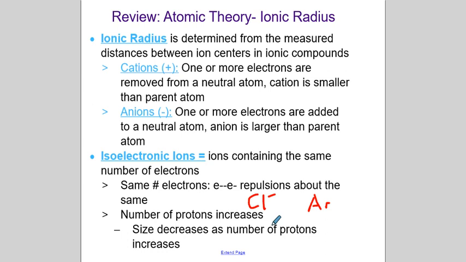Now it has 18. Argon has 18 electrons. And so now we have this. This is isoelectronic. So this guy has the same number of electrons as this one, but he has more protons, so he's the one that gets to meet this criteria. Smaller size, he's smaller overall and has a better hold on his electrons.